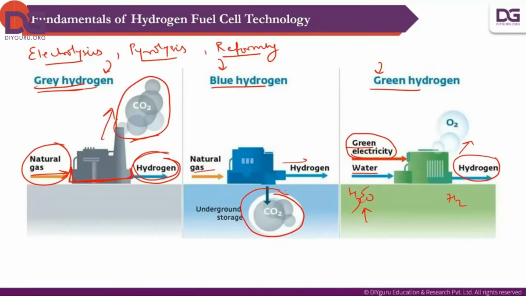And if we use everything natural, we use renewable energies to generate the electricity, and that electricity and water we use in the electrolysis process for creating the hydrogen. So water is H2O, and we use this green electricity which is generated from renewable sources like solar and wind to break the bond, so hydrogen is there, oxygen is released in the environment.